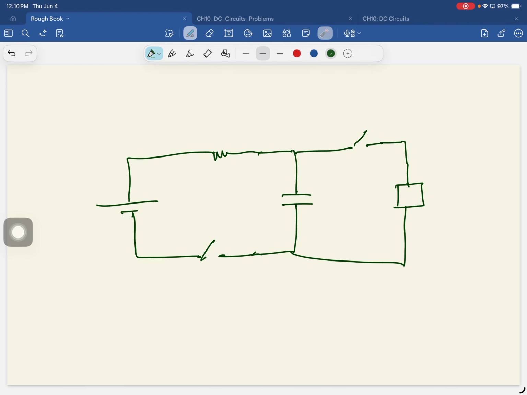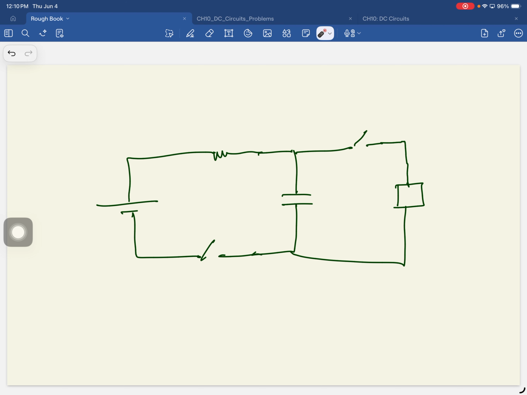So you've seen this basic circuit. You close this switch and you charge the capacitor. Once the capacitor's charged, you open this circuit, and then you close this switch and discharge this energy through your load, whatever that might be.